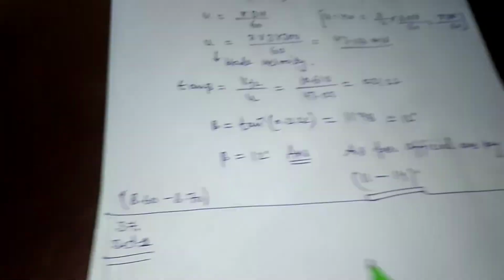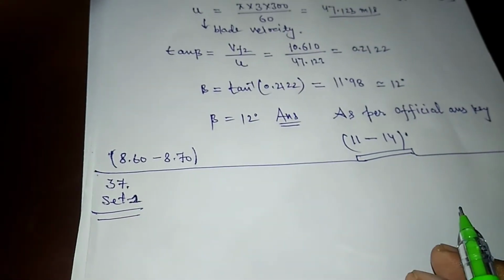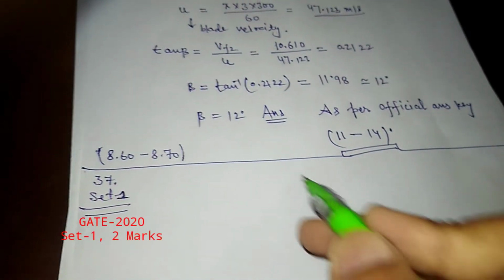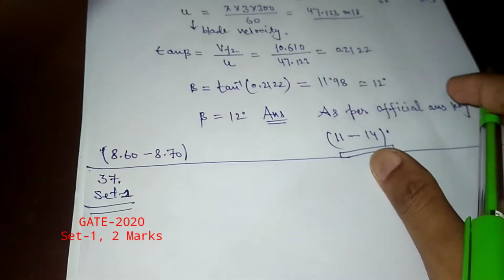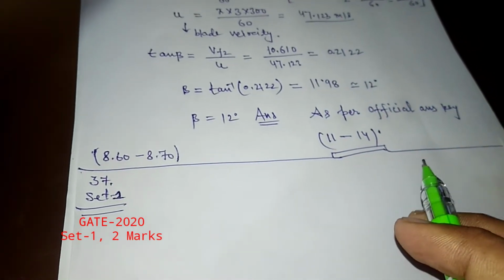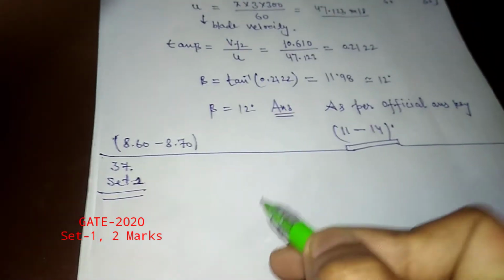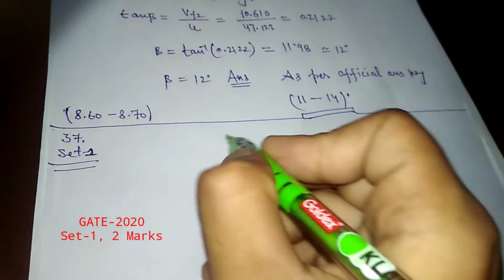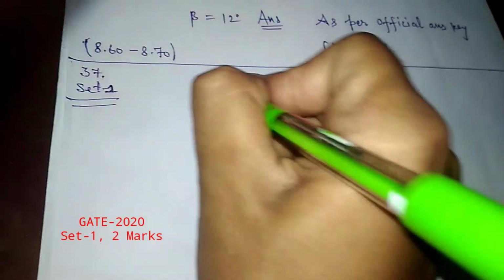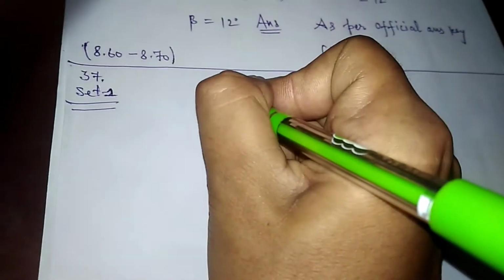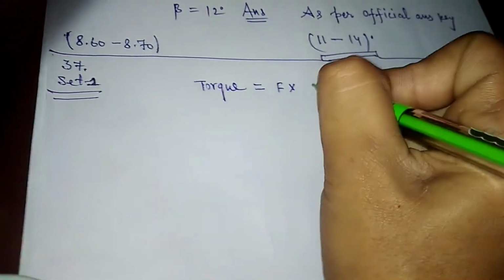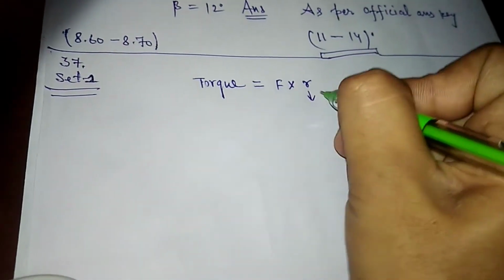Now, as we know that in this type of axial clutch the friction force will be there, because frictional contact surfaces are there. And as we know that torque can be written as force into radius of rotation.